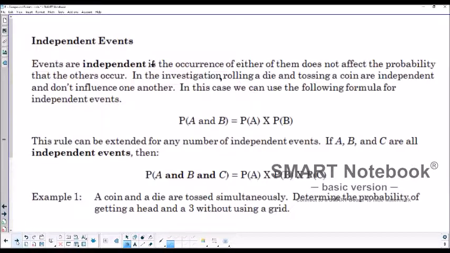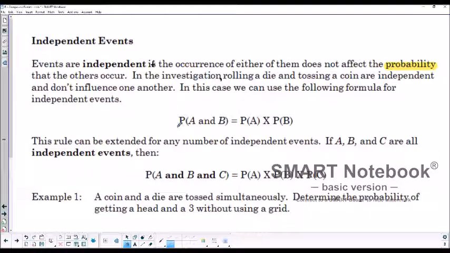So, silky segue into independent events. Events are independent if the occurrence of either one of them does not affect the probability that the other occurs. So in the investigation, rolling a die and tossing a coin are independent because they don't influence each other.